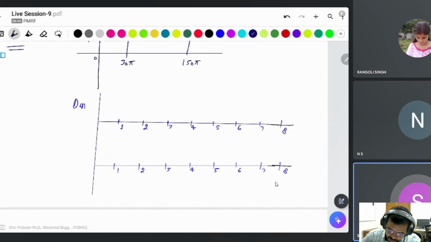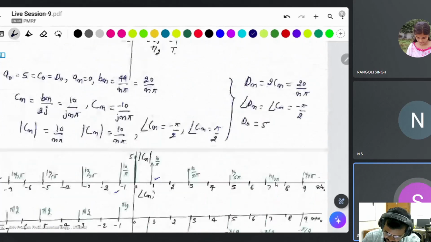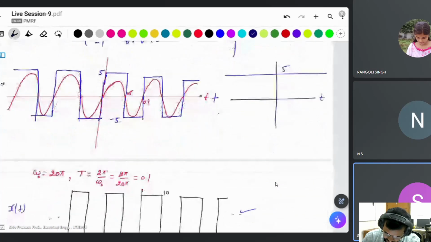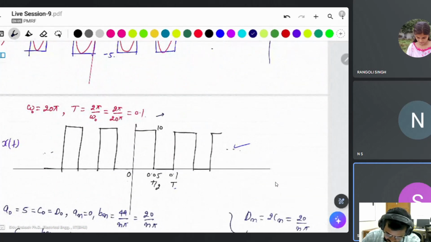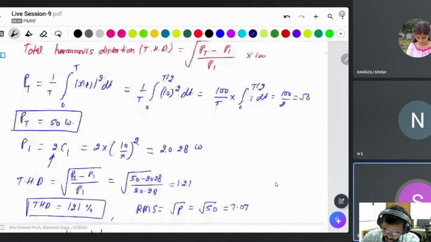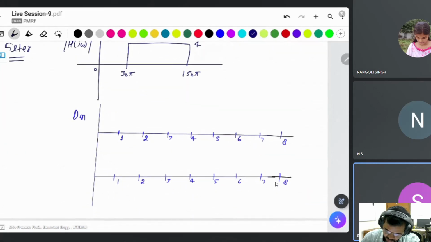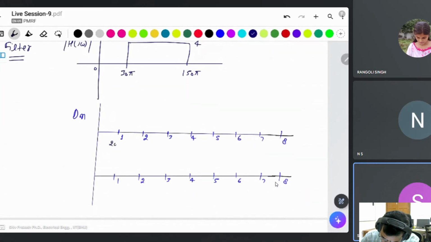The fundamental period is given at the start here. 20 pi is there as the fundamental frequency. Then the fundamental frequency is 20 pi. This is the 40 pi, 60 pi, 80 pi, 100 pi, 120 pi, 140 pi, and 160 pi.